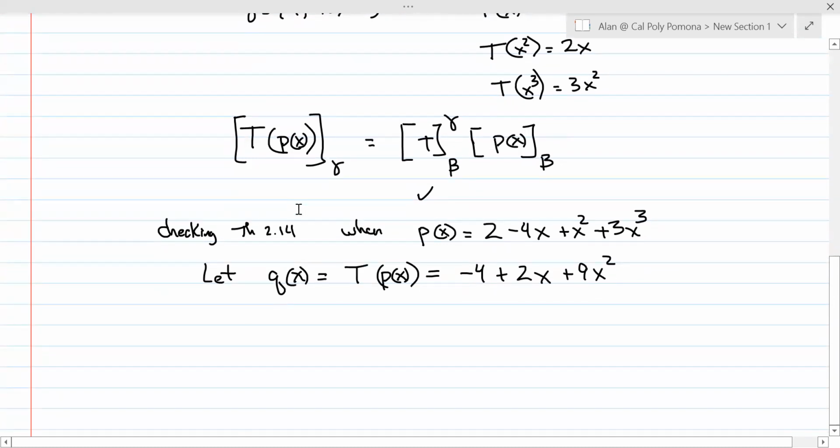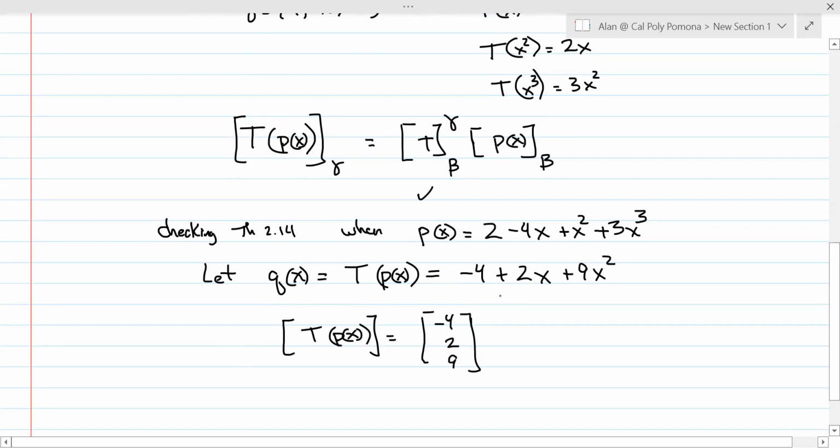So in this case, if you want to make the matrix associated with this, it's going to be this turned into a column: -4, 2, and 9.